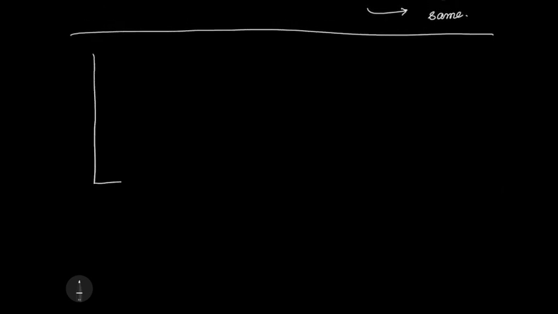Examples of intervals. Let's say that I have one event happening here. So this EA is here, and EB is here.